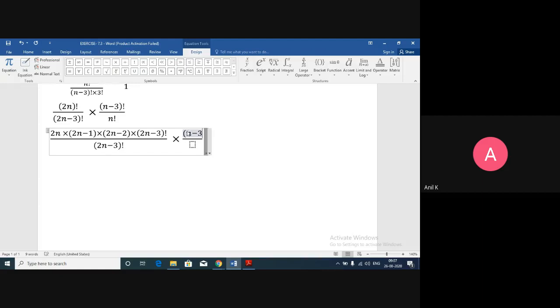So the numerator n minus 3 factorial I'll keep as it is, and the denominator I'll keep as n multiplied by n minus 1 multiplied by n minus 2 multiplied by n minus 3 factorial, which equals 12 upon 1. I think here we missed something.